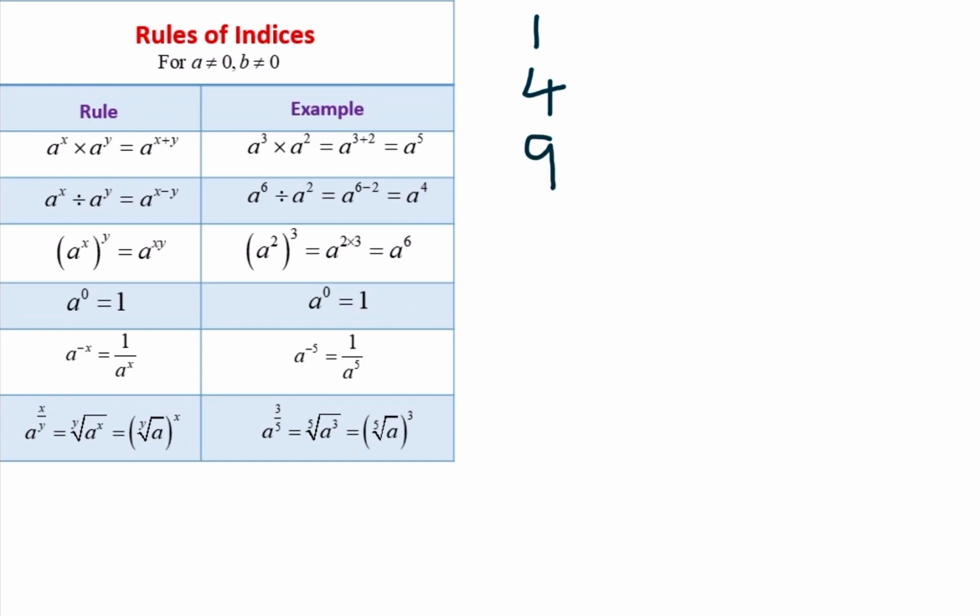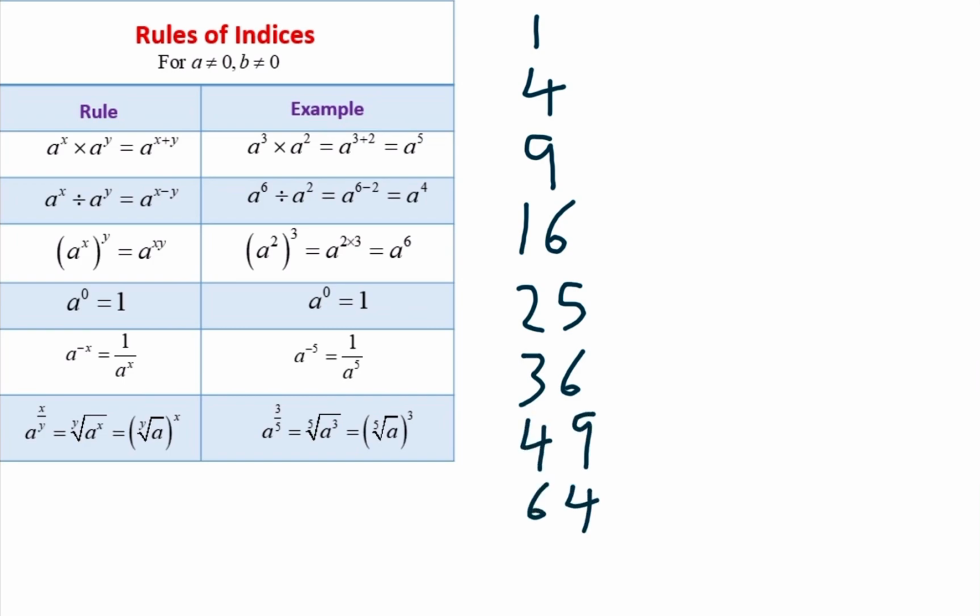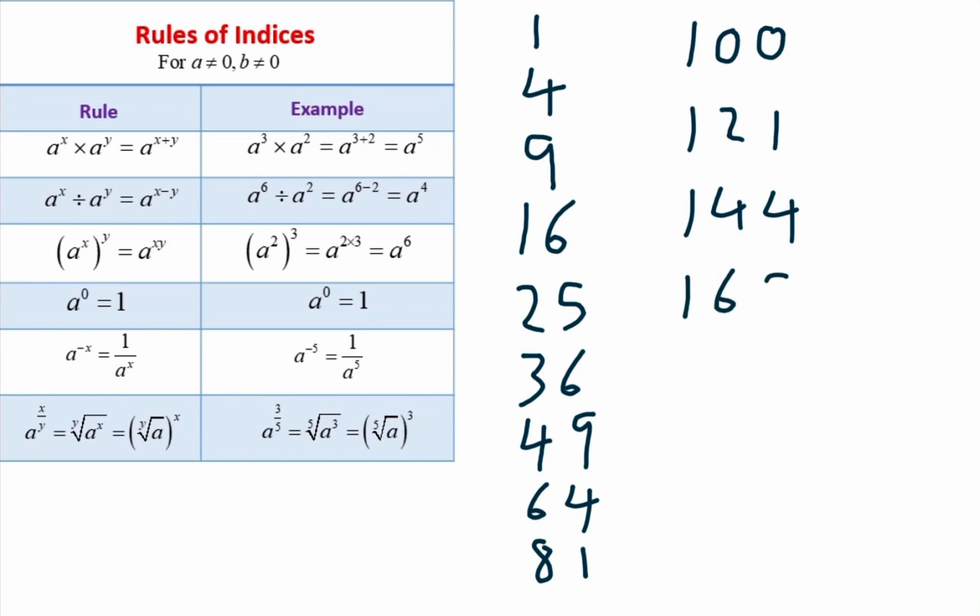So we've got 1, 4, 9, 16, 25, 36, 49, 64, 81, 100, 121, 144, 169, 196, and 15 squared, which is 225.